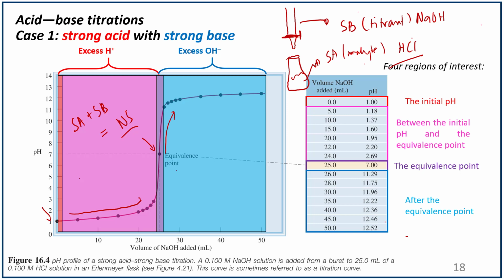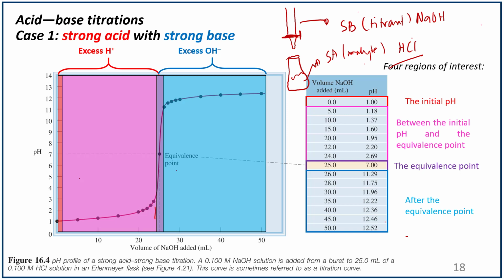So one thing that you should note about this titration curve between a strong acid and a strong base is notice how steep this region near the equivalence point is. There is actually a drastic change of pH at around this volume.